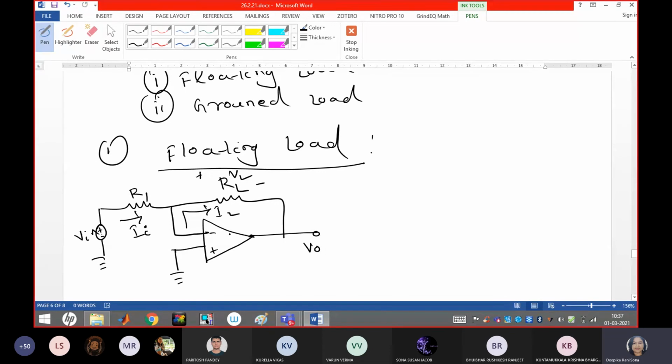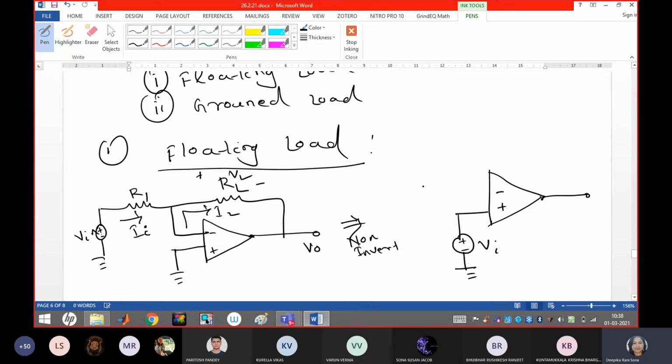This is the inverting type floating load, but if I want to draw another one, the non-inverting type, what changes do I have to make? I have to just apply the input voltage to the non-inverting input terminal.